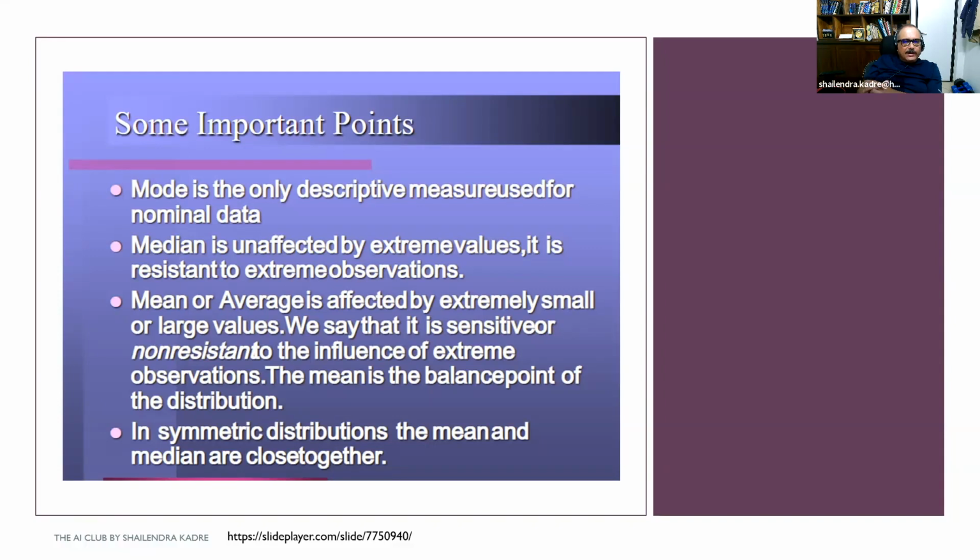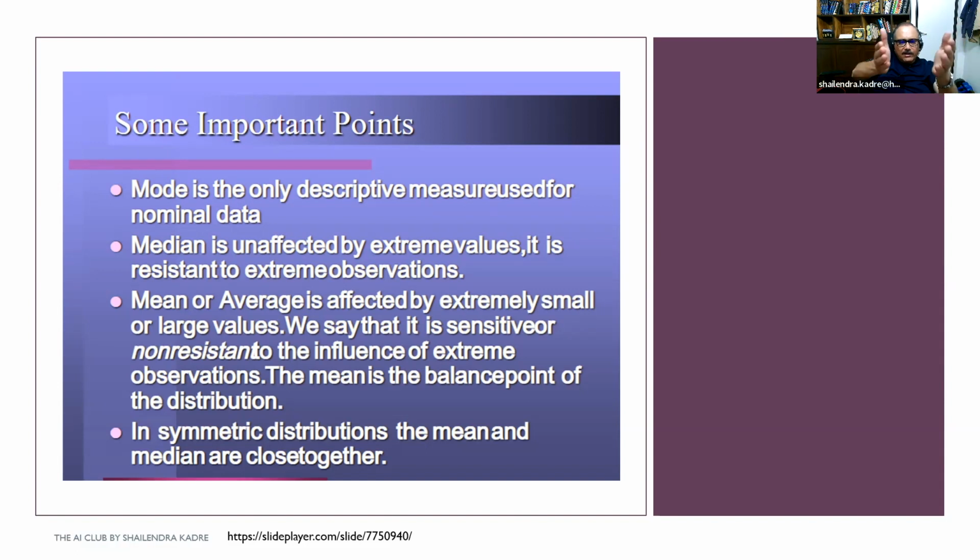In symmetric distributions, mean and median are close together. Like we have studied in many classes, the normal distribution: if you draw a line in the middle of the curve, the left side and right side are the same.